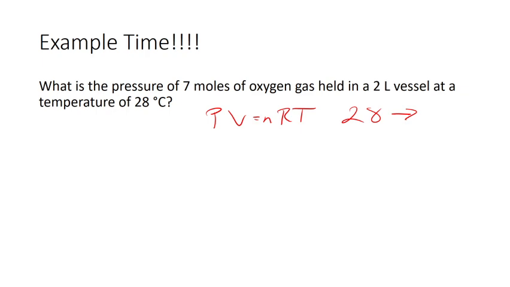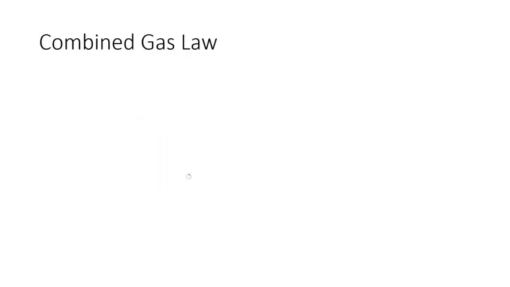And when we do that, we get 301 Kelvin. The next thing we're going to do is rearrange this to solve for pressure, which gives P equals nRT over V, and then we just plug in our numbers.